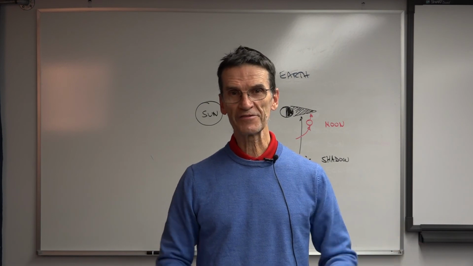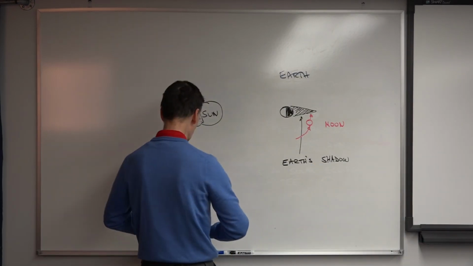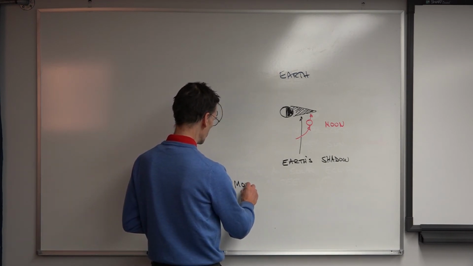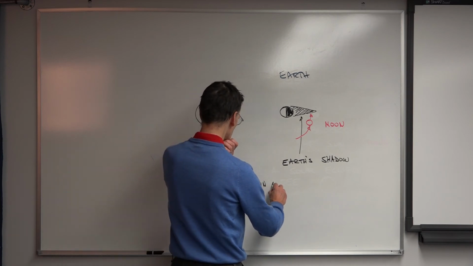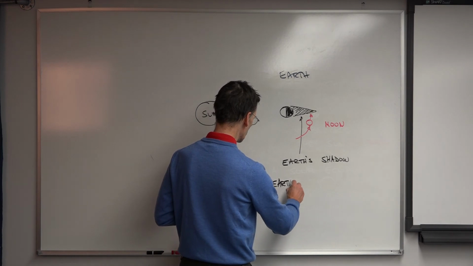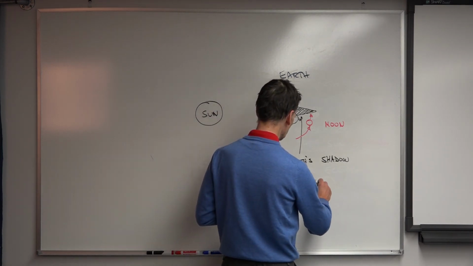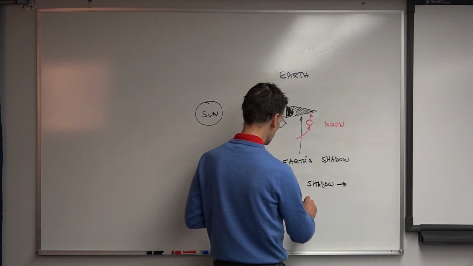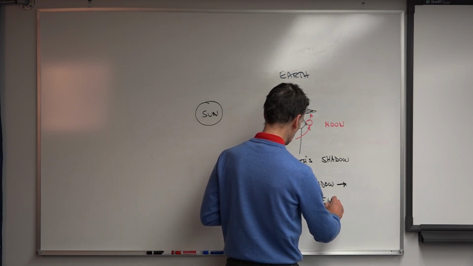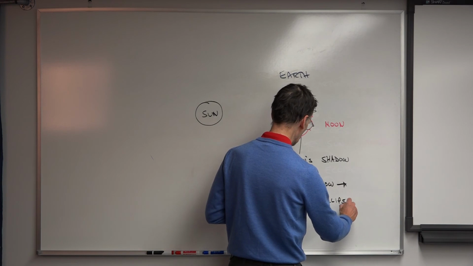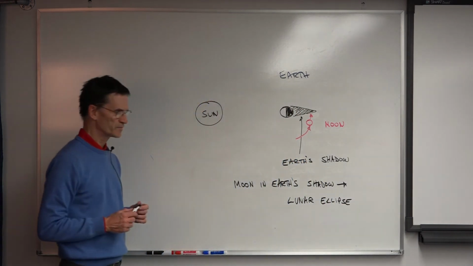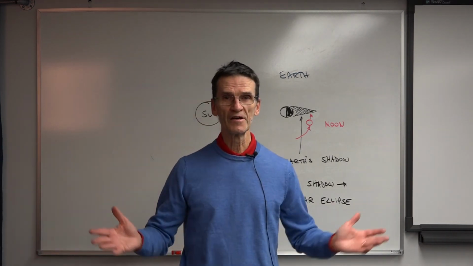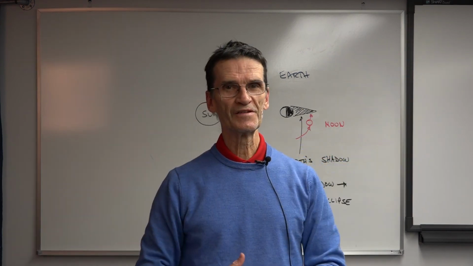If that happens, that's a lunar eclipse. So that's another thing people can see when they go out and look at the sky. They can see a lunar eclipse.